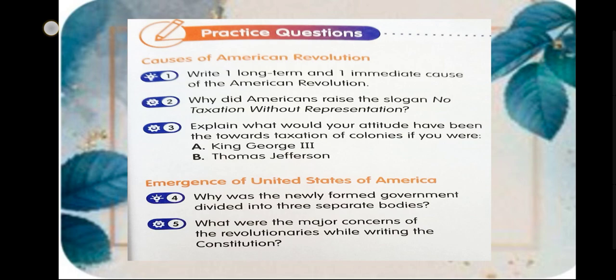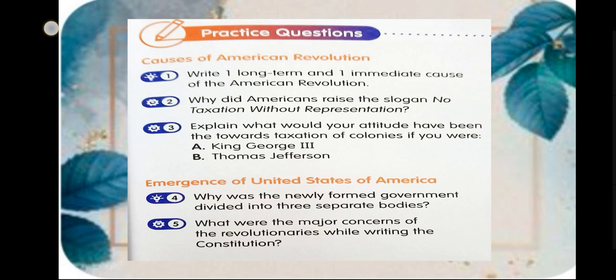Now, question number 3. Explain what would your attitude have been towards the taxation of colonies if you were George III? It means King of Britain, and if you were Thomas Jefferson, means representative of America.